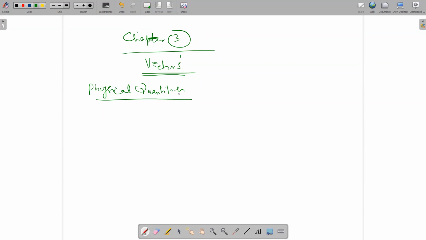So for any physical quantity, we need some numerical value, and then the unit. If I'm writing here, suppose 2 meter, then 2 is the numerical value and meter is the unit.